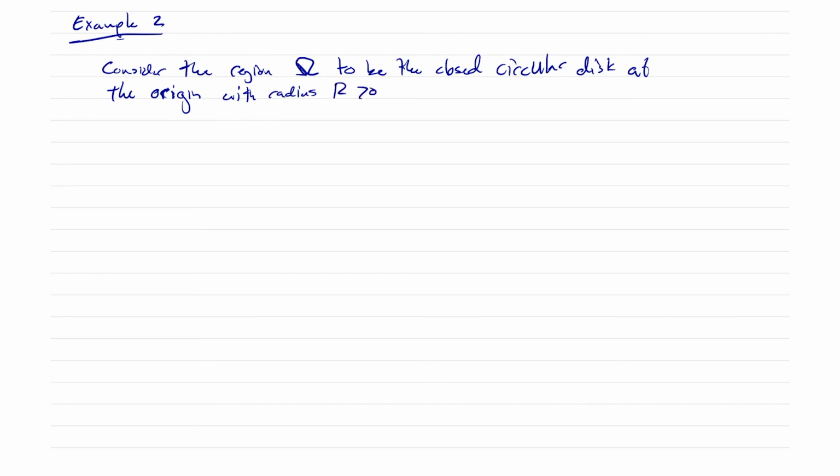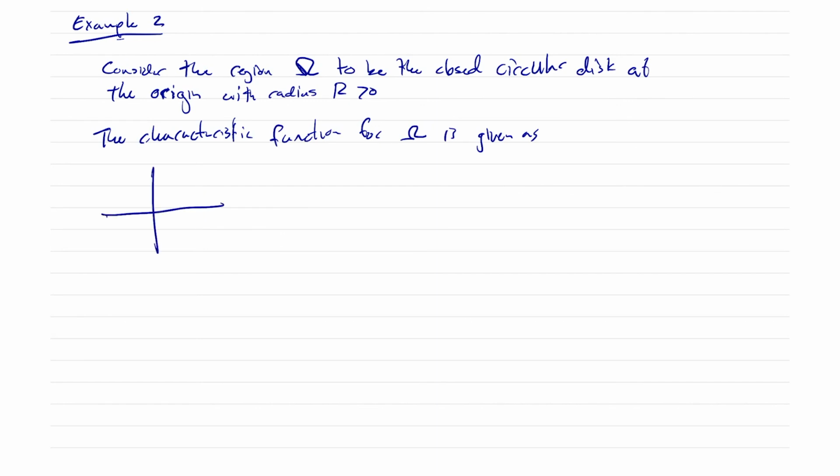All right. The characteristic function for omega is given as follows. We have the circle here, and the characteristic function is basically the function f of (x, y), which is going to be equal to 1 for x squared plus y squared less than or equal to r squared, and 0 for x squared plus y squared bigger than r squared.